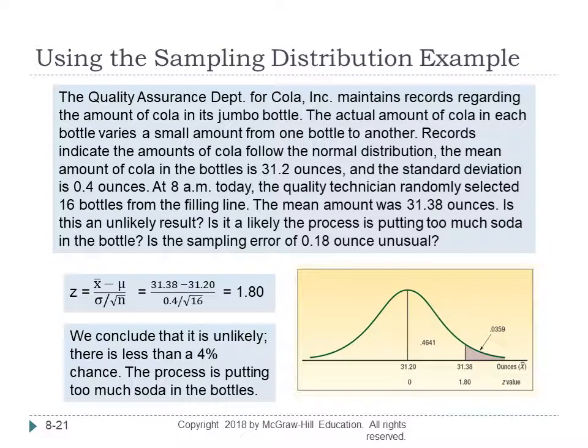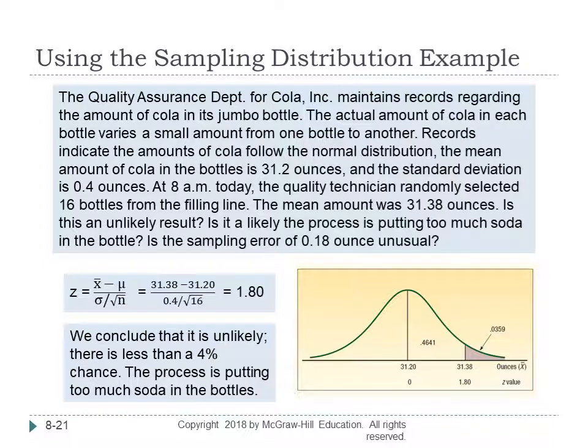And here is the picture. The picture always explains why this is the case. We calculated a z-value of 1.8. For the z distribution, 0 corresponds to the average, which is 31.2. The value for the mean of the sample was 31.38, which corresponds to a z-value of 1.8.